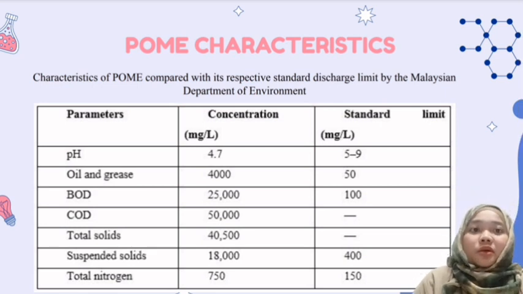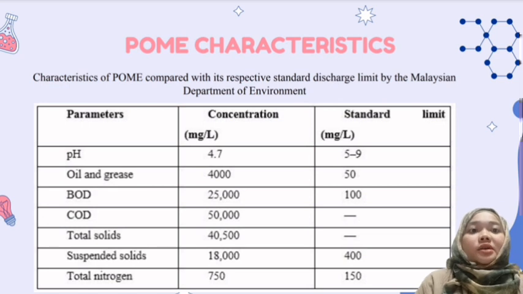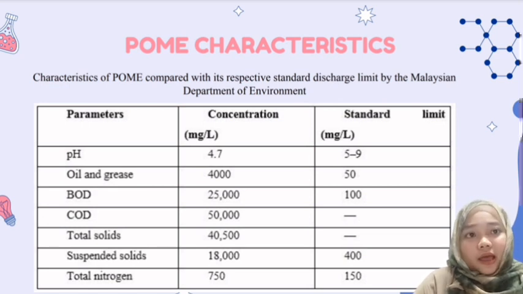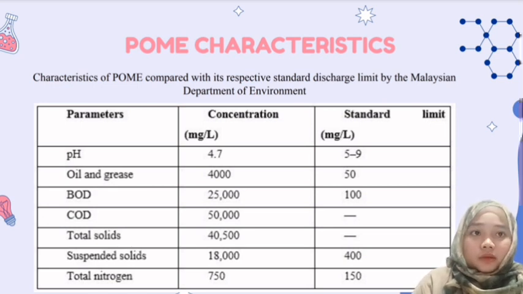The BOD of the POME wastewater is 25,000, while the discharge limit is 100 milligram per liter. COD concentration in the POME wastewater is 50,000. The total solid in the POME wastewater is 40,500.